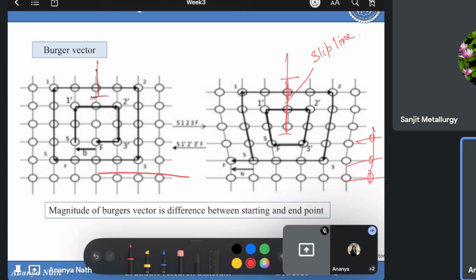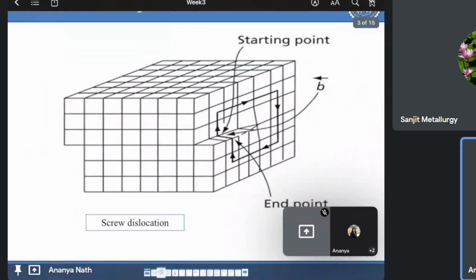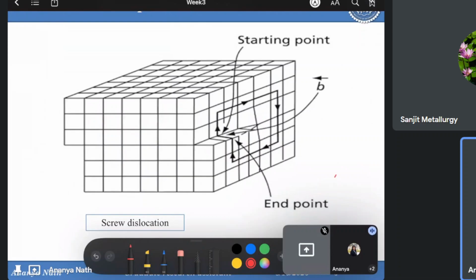But for screw dislocation, this will be the screw dislocation. This will appear at the edge as well, but depending upon how it appears, it will move with a kind of coiling type of motion.